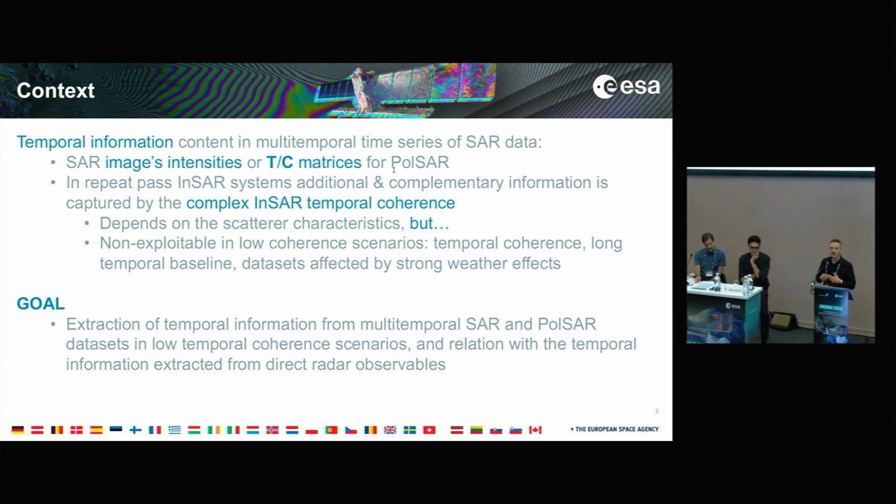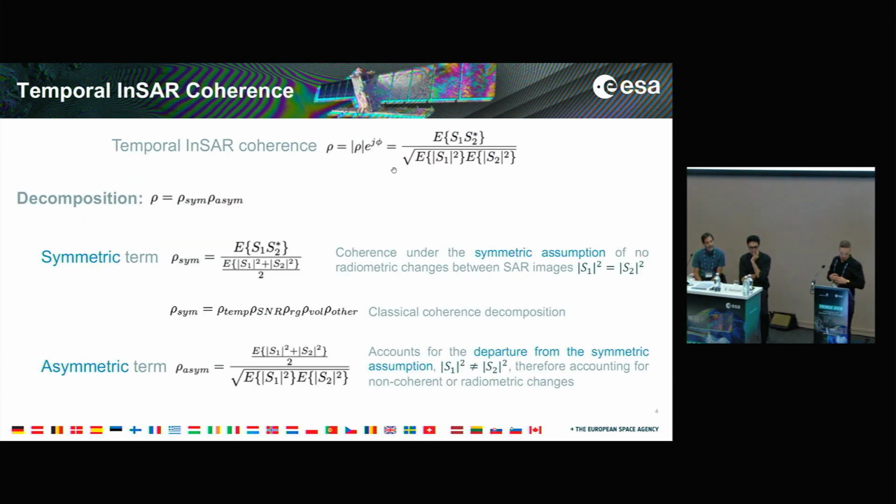So the goal here is to try to extract information from low coherence, but philosophically, we wanted to find a mathematical link that may connect both sources of information to detect changes. The theory is pretty simple. Here you have the classical expression of coherence.